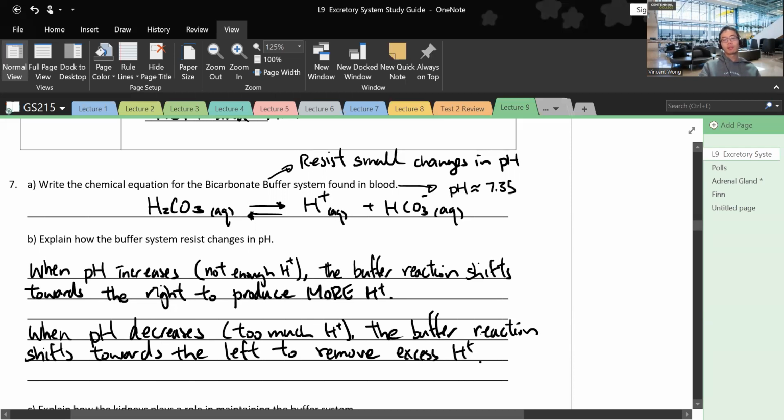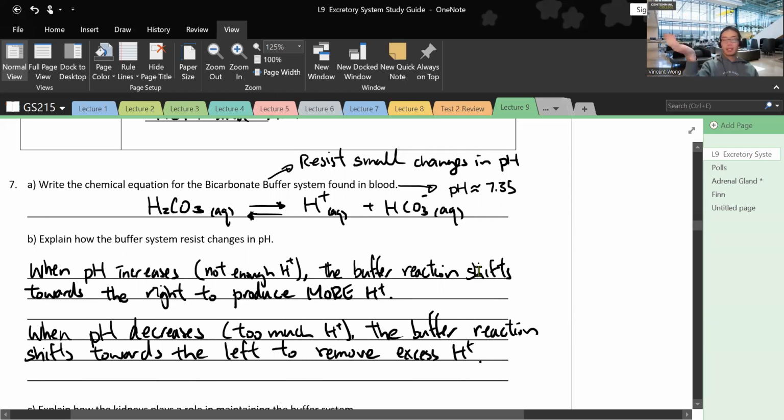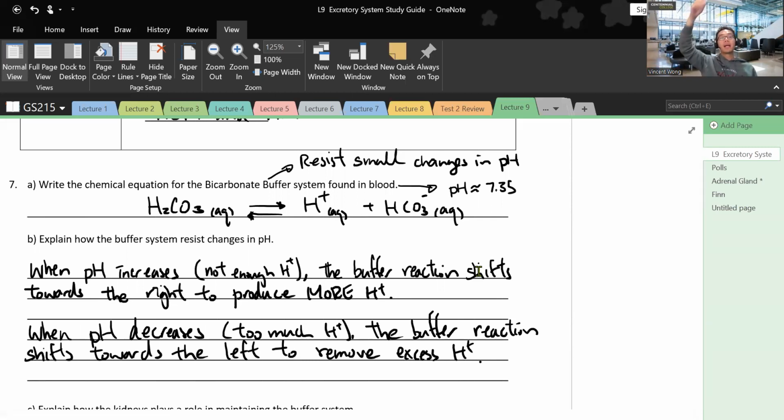Now just pause for a second and listen to what I have to say. This happens in the blood. It has nothing, absolutely nothing to do with the kidney. However, sometimes the blood buffer is not enough. Maybe for some reason, back to the diabetic situation. Someone who's diabetic would turn to fat metabolism, and that generates a lot of ketones in the body.